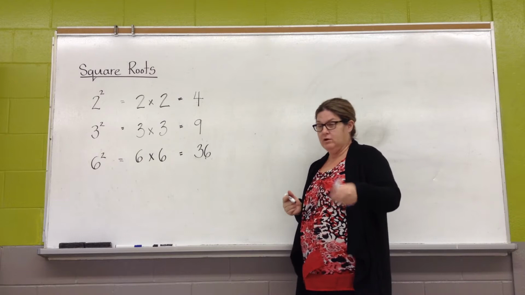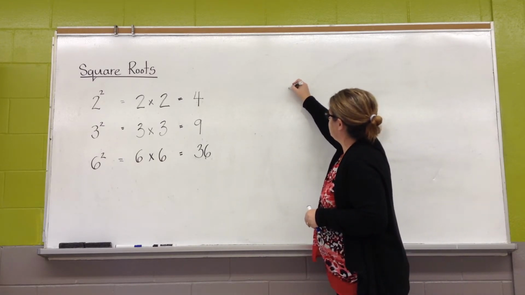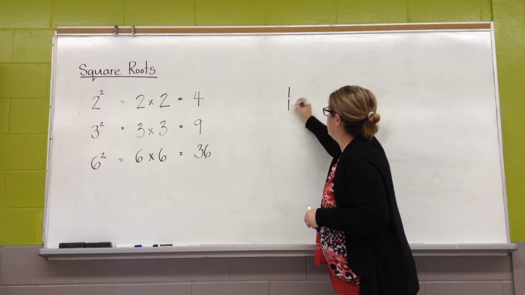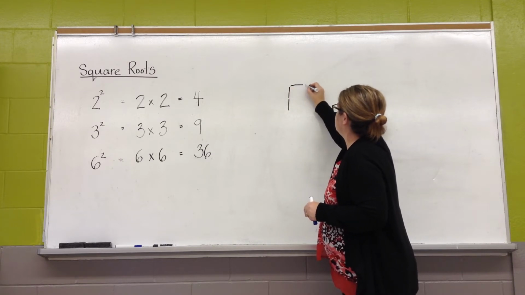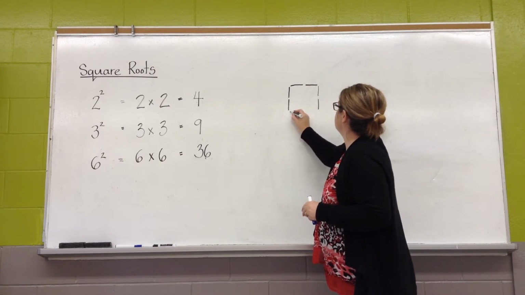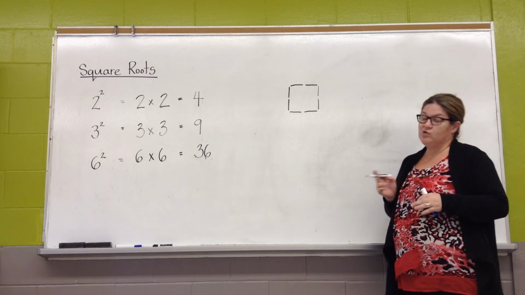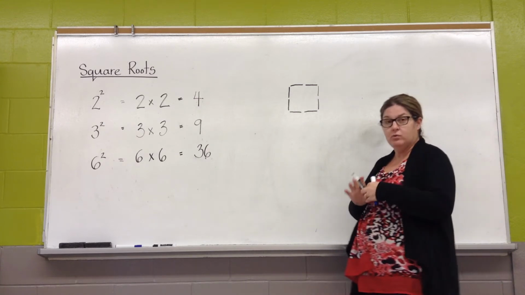I want to take you away from that for one moment and just have you envision, picture in your head, that if we were looking at a shape, in this case, I'm just sketching a freehand square. And so what do we know about squares?